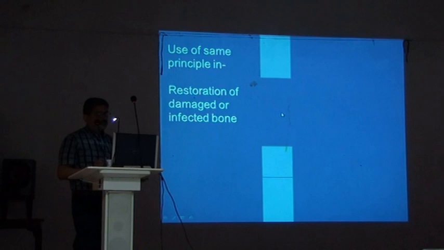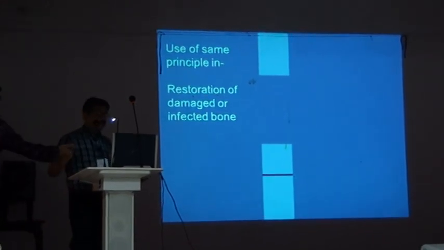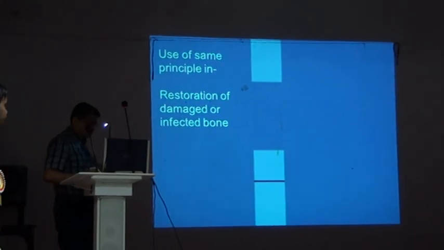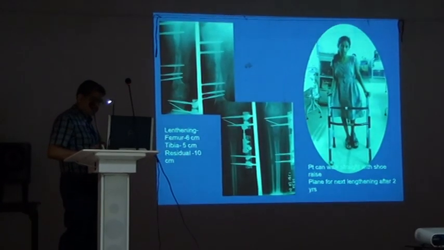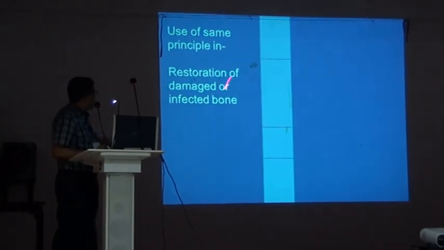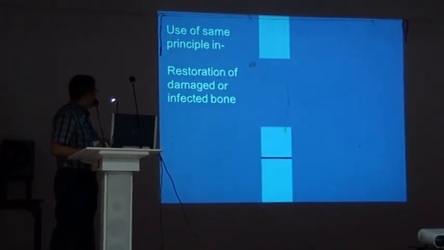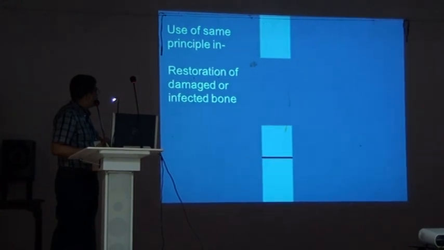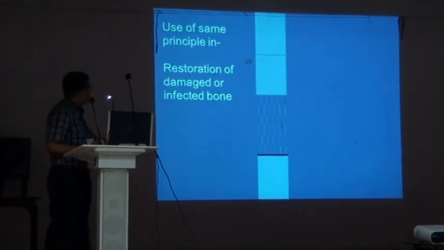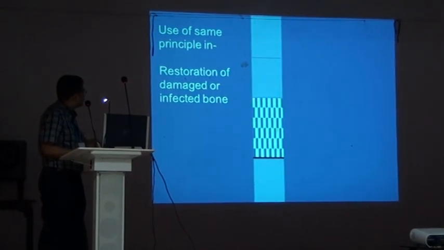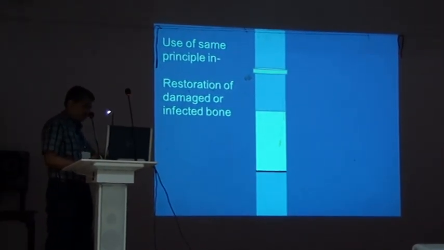So we can remove that bone, do a osteotomy there, and then gradually transport the segment, and the in-between segment consolidates. And then to supplement the docking site with bone graft.